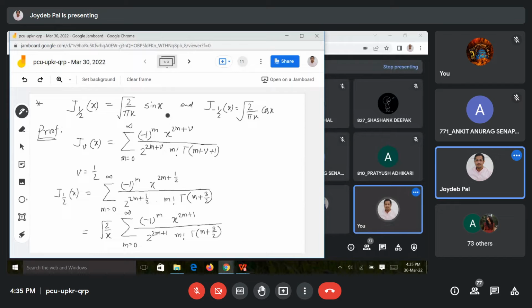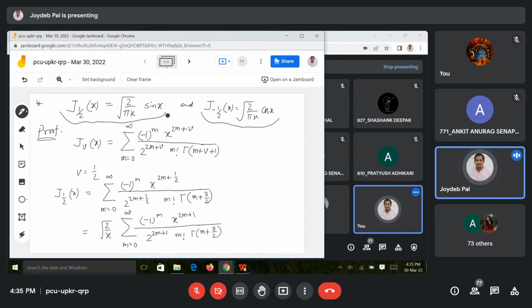What is the trick? You apply some property on that first one so that you will get this. So if they ask for the second proof instead of the first, you can prove j half is equal to this, and then apply those Bessel's properties to get the required one.